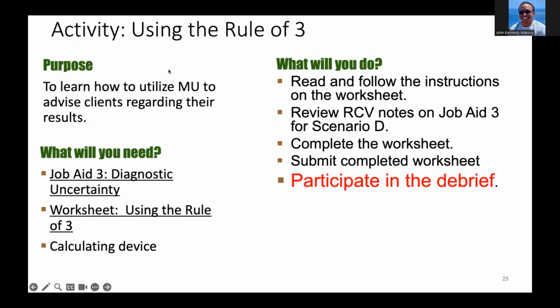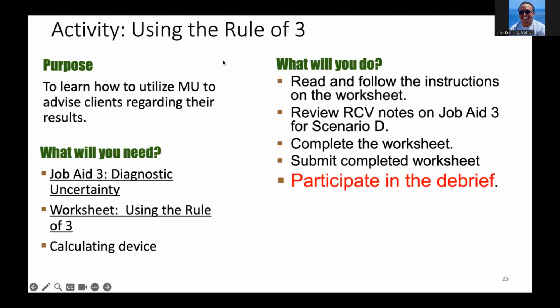You were asked to read and follow the instructions on the worksheet, and review the RCV notes on job A3. What does RCV mean in the chat box? The first one I see will get $3, a bonus $3. What does RCV mean before we move on to our next slide? Review your RCV notes on job A3 for scenario D, complete the worksheet and submit it.